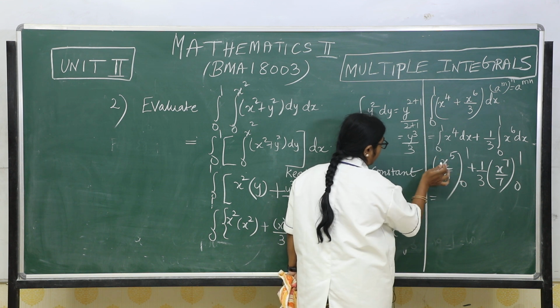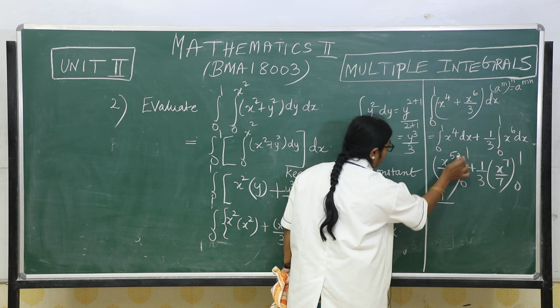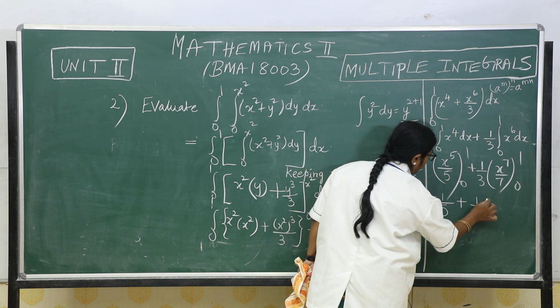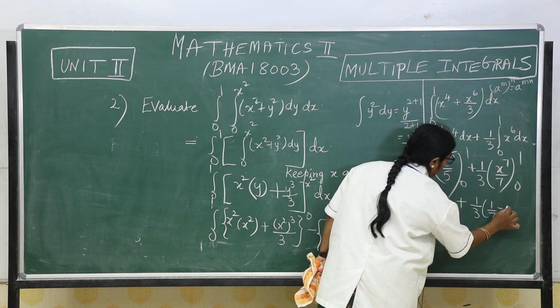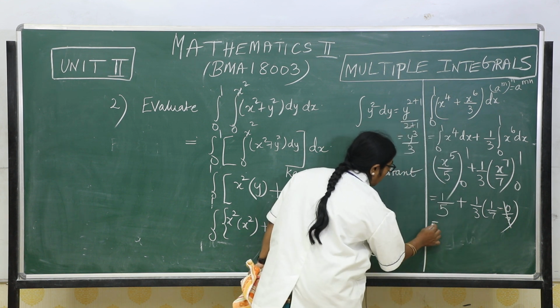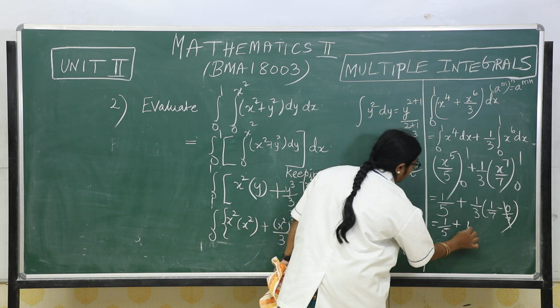For the lower limit it becomes 0. For the upper limit, 1 power 5 by 5, 1 by 5, plus 1 by 3 into 1 by 7, minus 0, and therefore this becomes 1 by 5 plus 1 by 21.